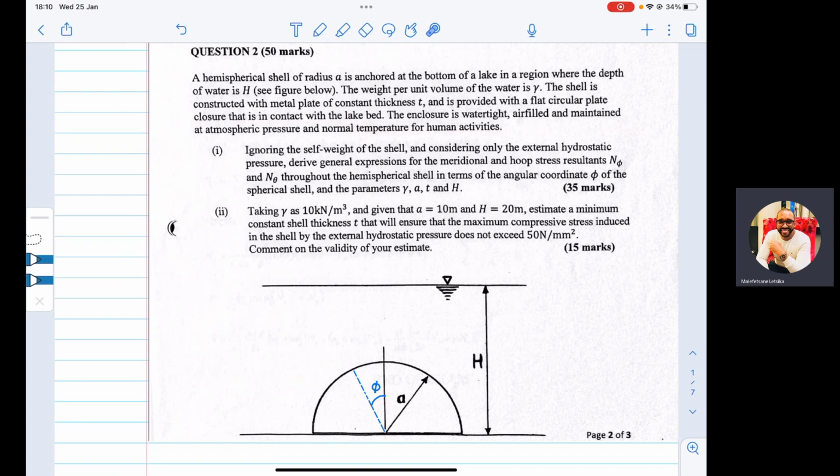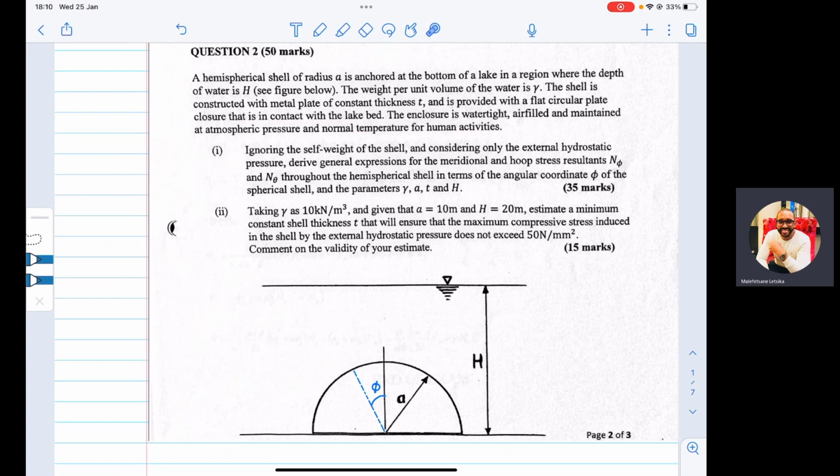Okay, so the weight per unit volume of water is gamma, and the shell is constructed with a metal plate of constant thickness T, and is provided with a flat circular plate closure that is in contact with the lake bed. The enclosure is watertight, air-filled, and maintained at atmospheric pressure and normal temperature for human activities.